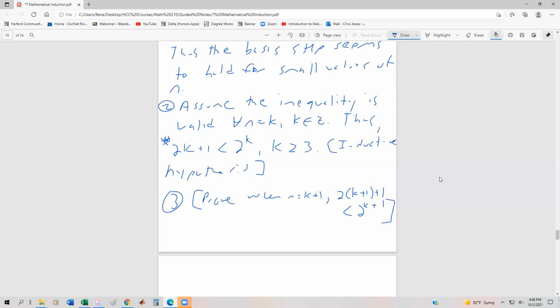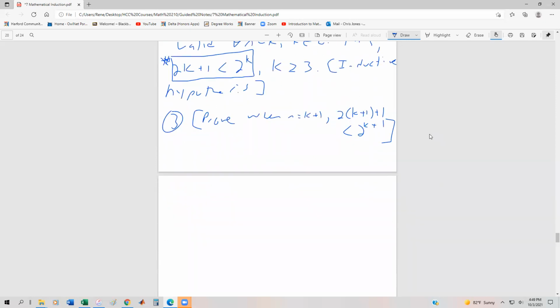We're not going to do this by substitution, which is usually how we approach these. For this one, we're just going to use the inductive hypothesis to start. So in step 3, by induction, we recall that 2k plus 1 is less than 2 to the k.